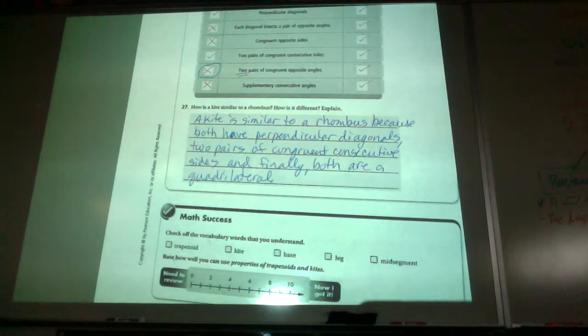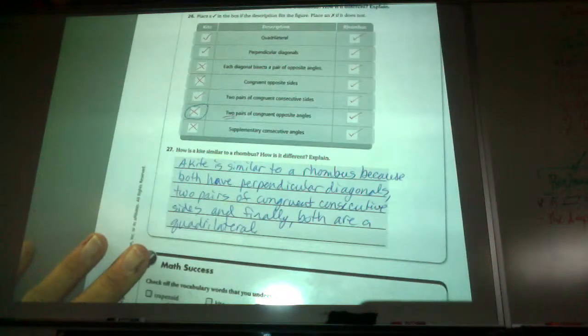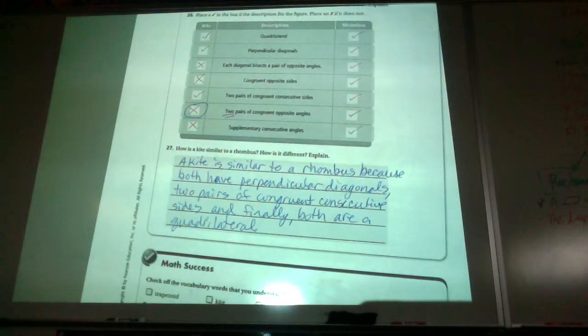You have to mention each of those three things that we have above: the fact that they're both quadrilaterals, the fact that in both figures the diagonals are perpendicular, and in both figures you've got two pairs of congruent consecutive sides.